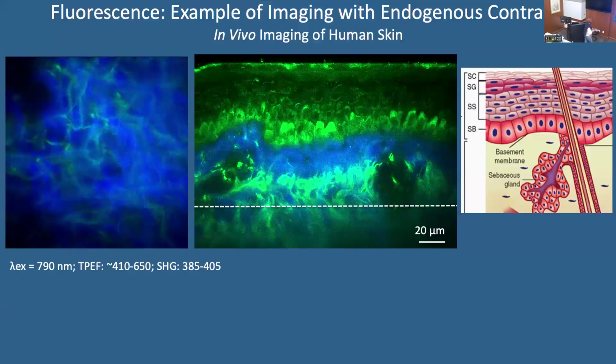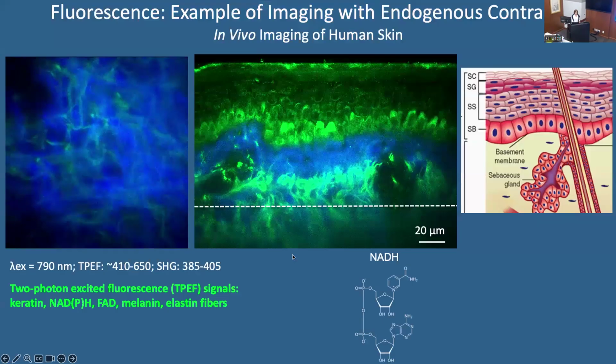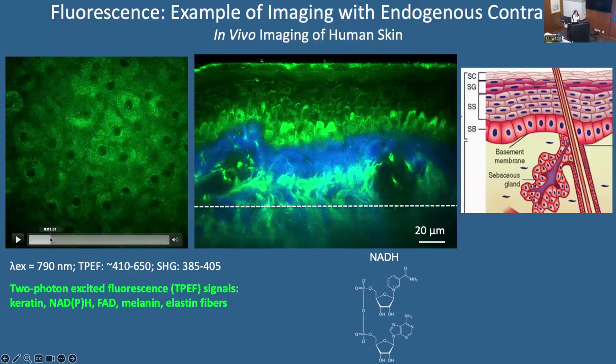So that's the way. Let me get here to make sure I use the mouse. So that's the epidermis and the dermis we image. And again, this is the main contrast we use, two-photon excited fluorescence from keratin and NADPH, FAD to visualize cells.